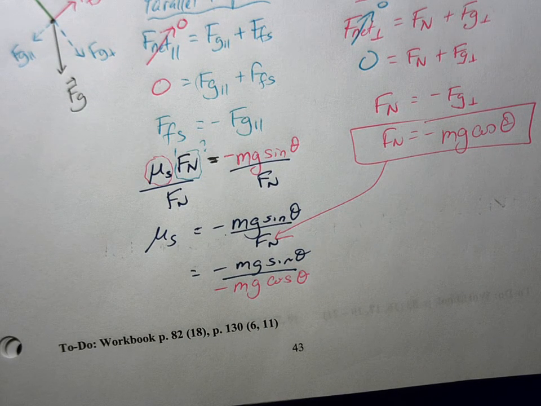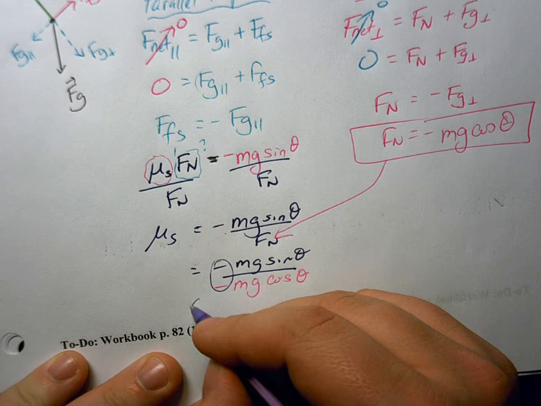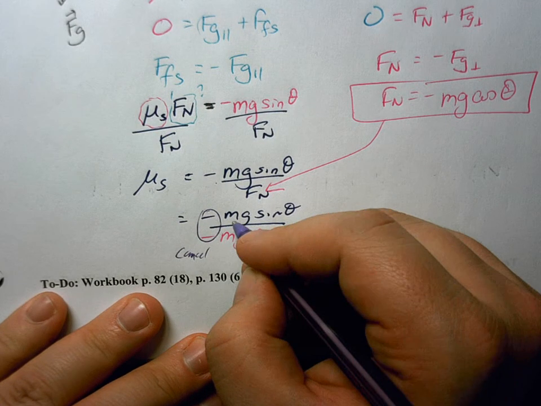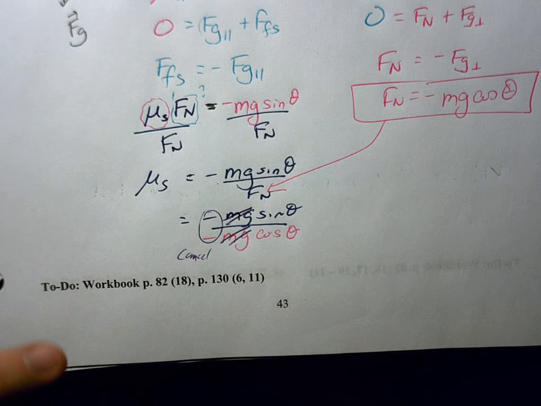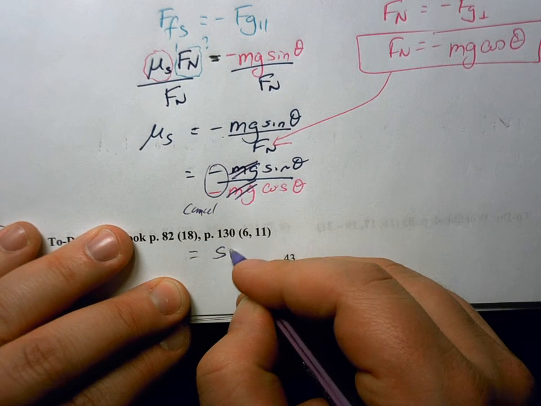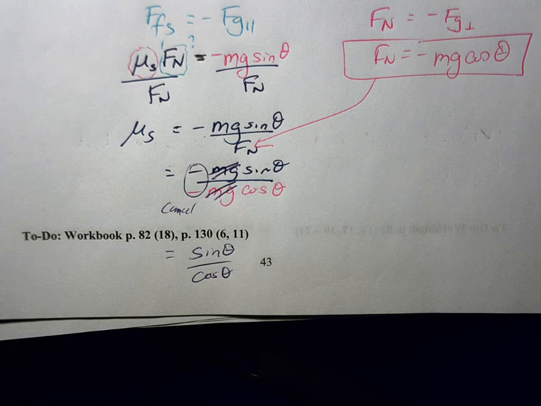The reason I've opted to do this is that you'll notice there are a lot of simplifications here. The two negatives are going to cancel each other out. M and g are both going to cancel each other out. So all we're left with is this ratio of sine theta divided by cosine theta. You could plug in sine of 23 divided by cos of 23 and you'll get an answer.